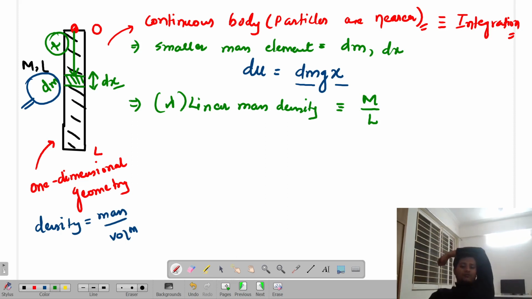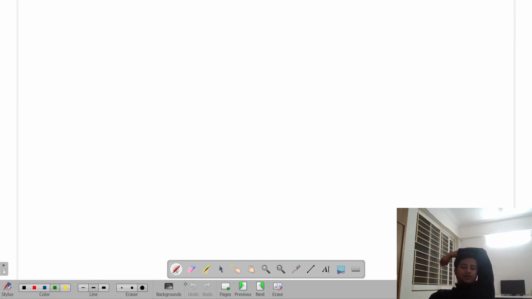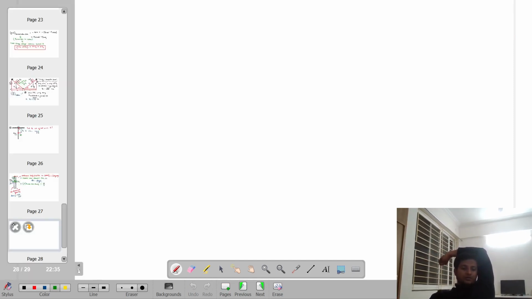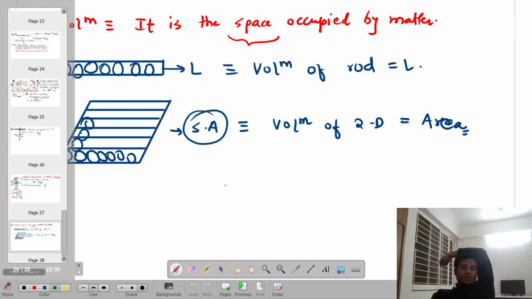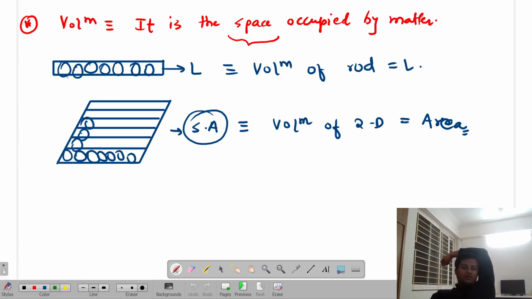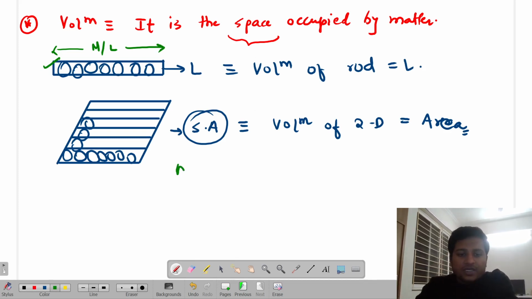Now, if we have a uniform cross section, just like this rod, we find M by L for this bigger length. What is the definition of density?